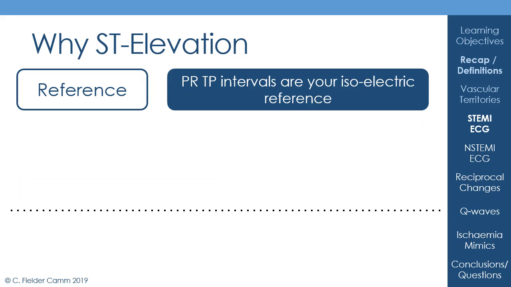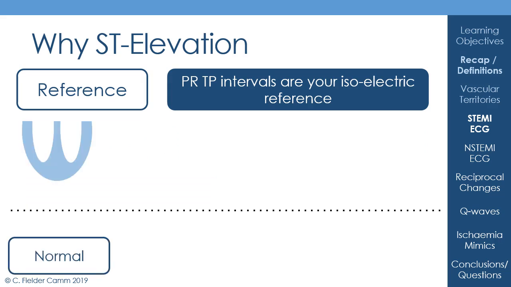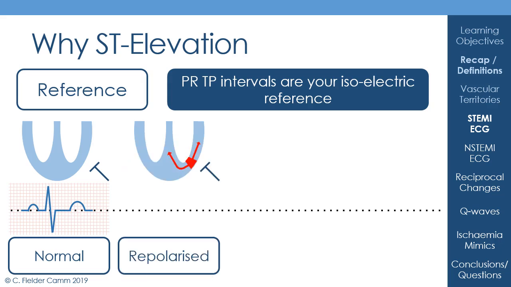So let's get on to why you get ST elevation. I've drawn this dotted line, which will be our actual isoelectric line. Essentially we have a normal heart here, and we have our ECG lead, and it records our trace. And now we have our heart, and this red region is this area of infarction, and you can see these red arrows coming away from it are our injury current.